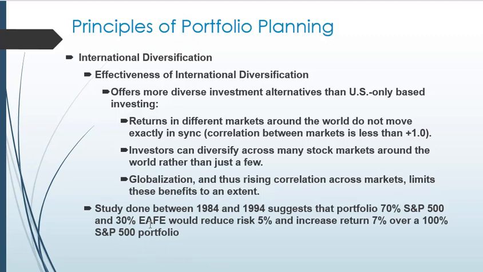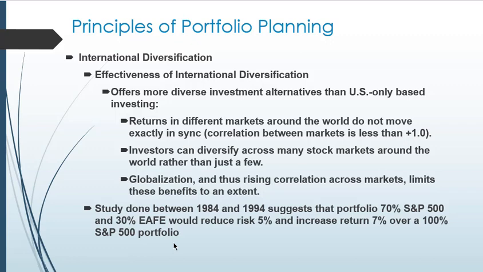And as they say here, they did a study between 1984 and 1994. Basically, if you have a portfolio that's 70% Standard & Poor's and 30% East Asia, Far East, that would reduce risk by about 5% and increase return 7% over a portfolio that was 100% invested in the S&P 500.